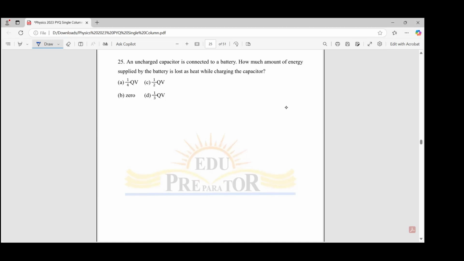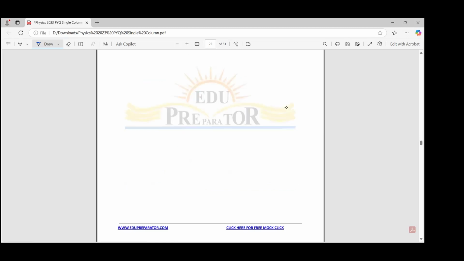A part of energy from the battery is stored in the capacitor and the rest is lost. So how much energy is supplied? That is QV. And how much energy is stored in the capacitor? That is equal to QV by 2. So if we simplify, we get half QV as the answer, making C as the correct option. Fine. So let's move further.